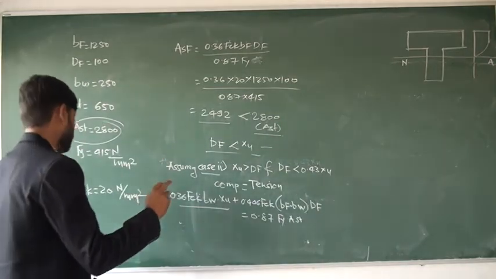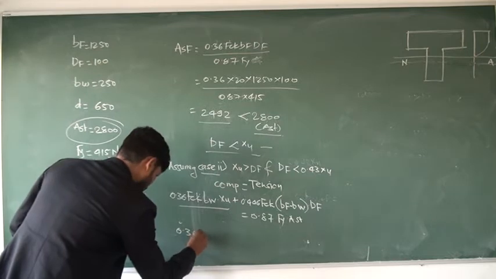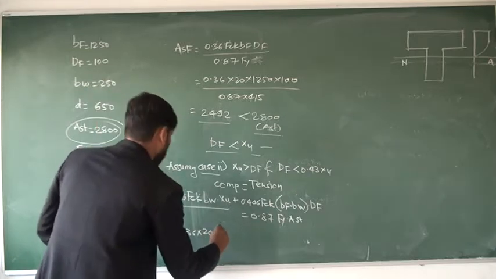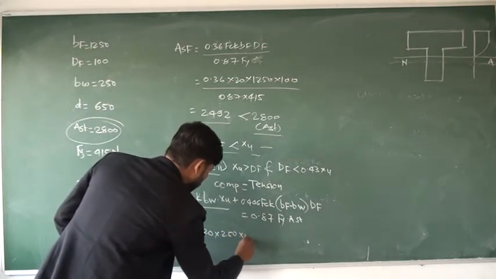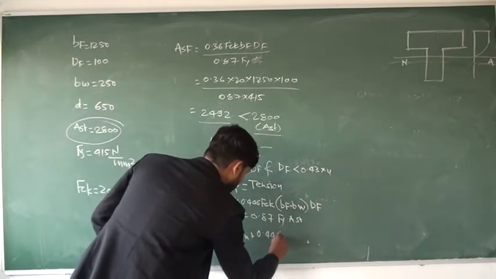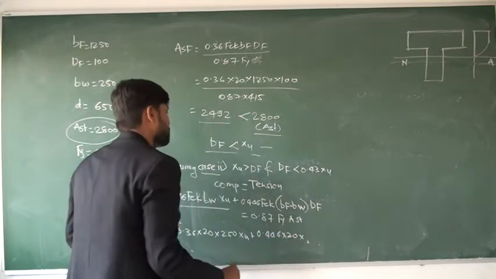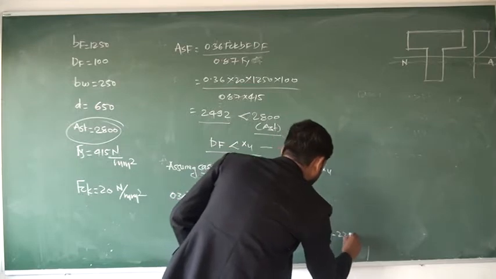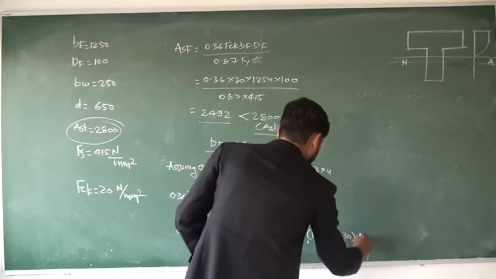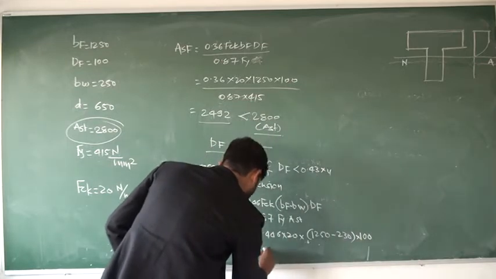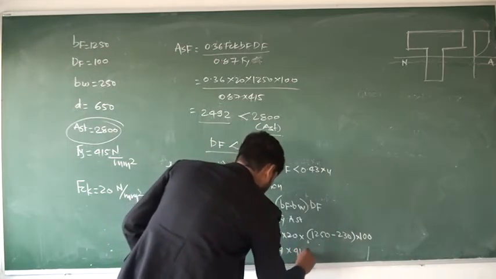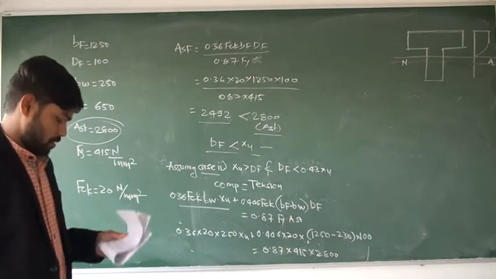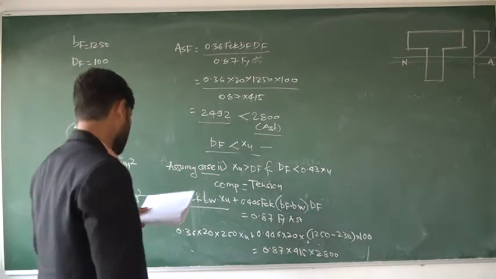Just substitute all the values. 0.36 fck is 20, Bw is 250 into xu plus 0.446 fck is 20, Bf is 1250 minus 250 into 100, equal to 0.87 into 415 into 2800. Substitute all the values.